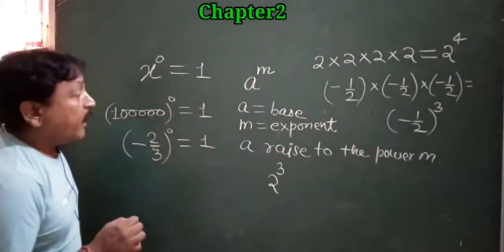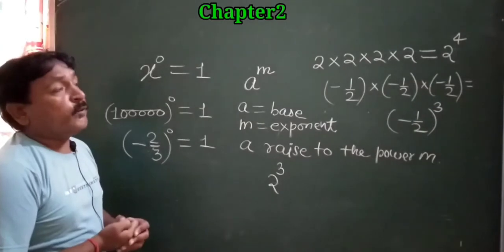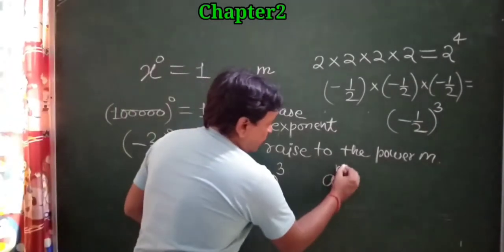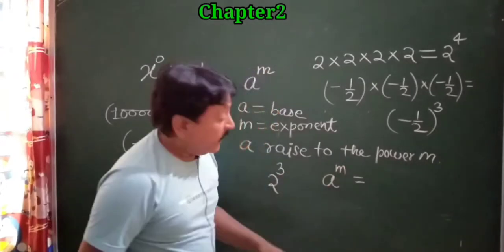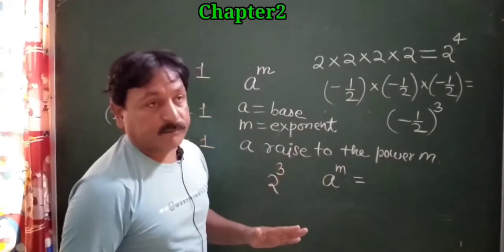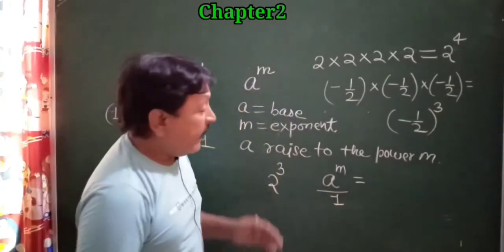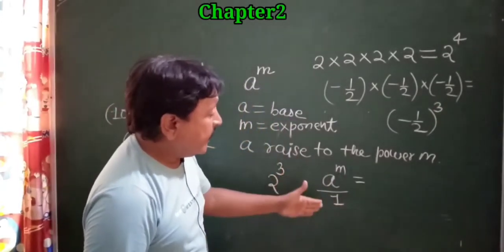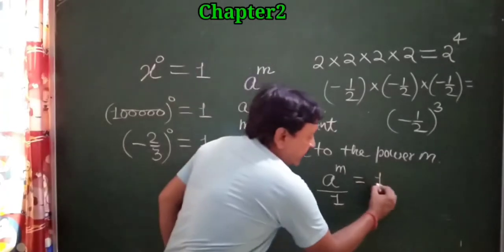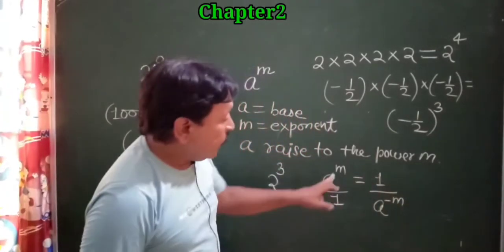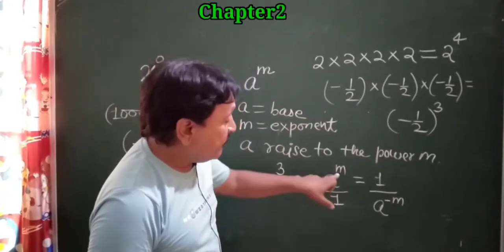One more thing to keep in mind: suppose it is written A raised to the power M in the numerator. If I want to send it to the denominator, how can I send it? What is the change here? The change is in the power.